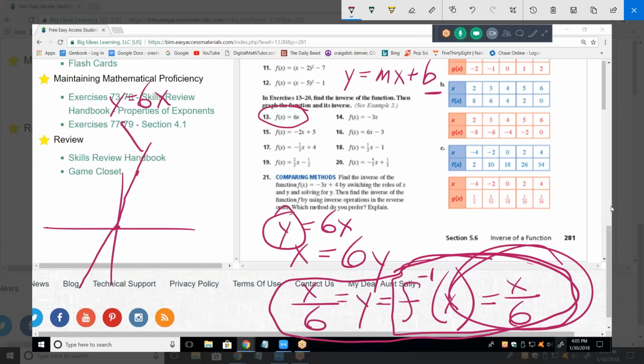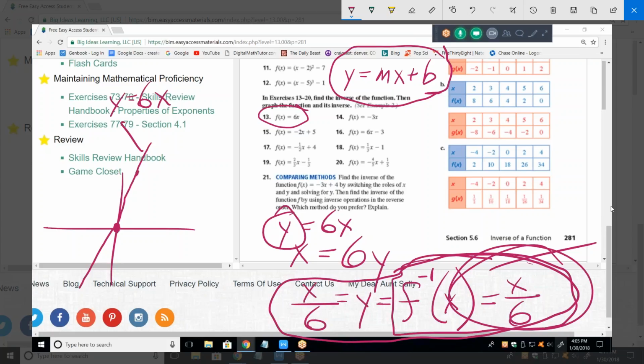Down here. Remember, you're putting everything in terms of that because you know how to graph that. So what's b? 0. Okay.